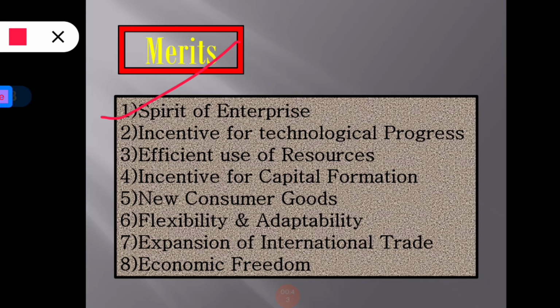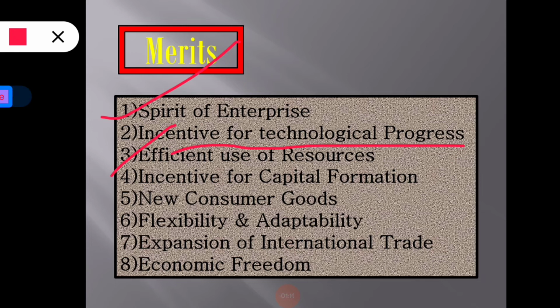Now going to the next one, that is incentive for technological progress. Competition has encouraged producers to invent new and improved techniques of production and new improved products. That's why it is an incentive for technological progress. Now going to the third one, that is efficient use of resources.